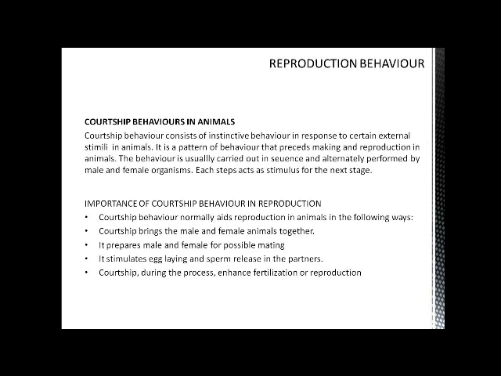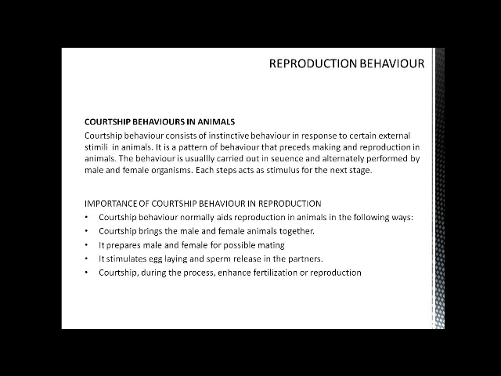And again, courtship behavior usually is carried out in a sequence and alternately performed by male and female organisms. When we say it takes place in a sequence, it is a step-by-step approach.